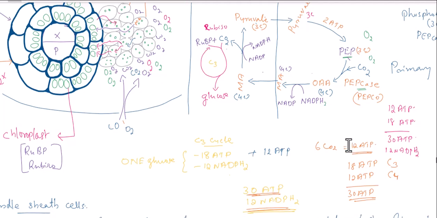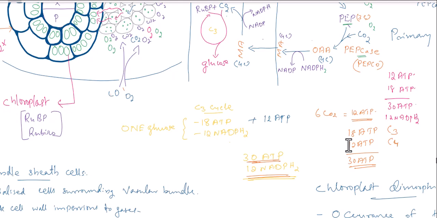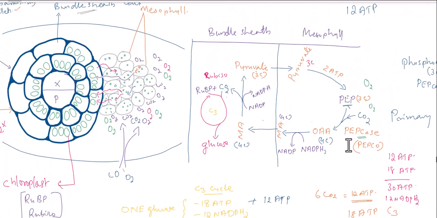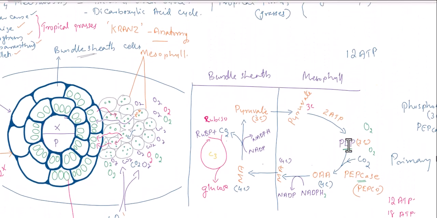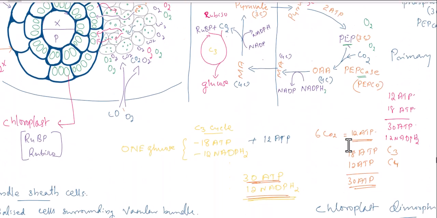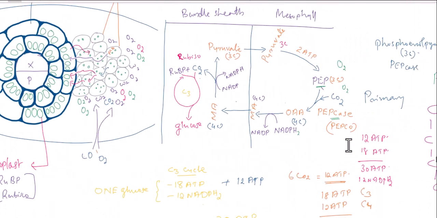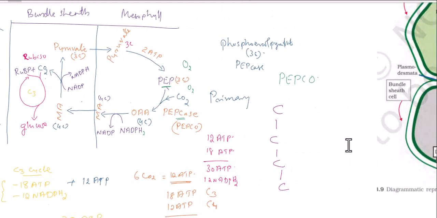So 30 ATP is needed for producing 1 glucose molecule in the Hatch-Slack cycle or C4 mechanism. Even though this mechanism is expensive, it is efficient. That is the advantage for the plant. Even in extreme environmental conditions, extreme weather, adverse environment, the plant can do photosynthesis efficiently. That is the adaptation here.